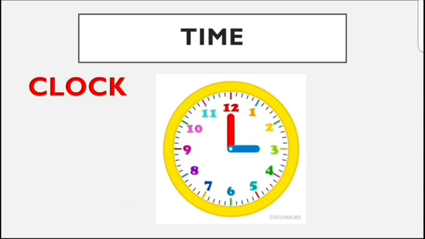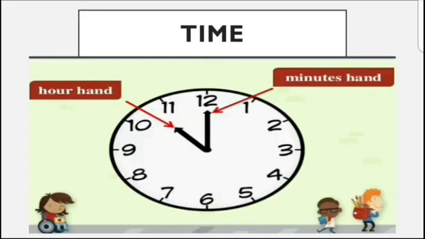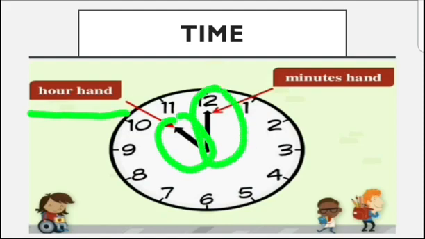Is the size same, children, of both the hands? No. One seems short, the blue one, and the red one is long. Now let's see what we call these hands. Yes. So children, the shorter hand is called hour hand and the longer hand is called minutes hand.